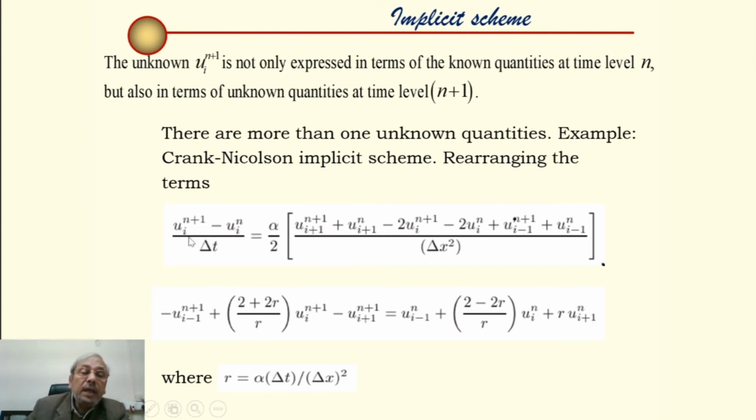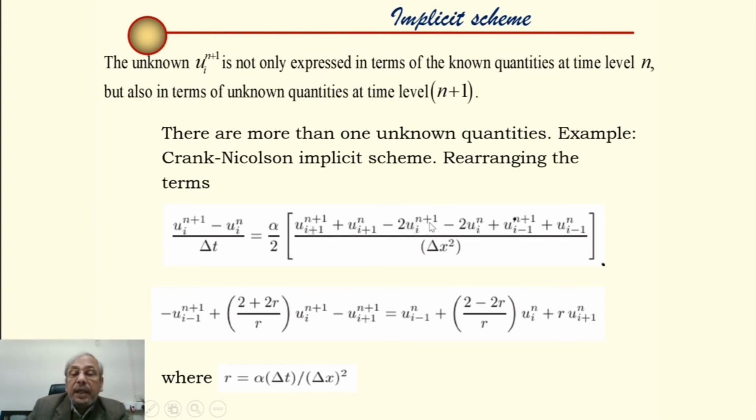So we can write (u_i^(n+1) minus u_i^n) divided by delta t, with alpha by 2 coming because at every ith location we have written the sum of n plus 1th level and nth level. So u_(i+1) we have written at n plus 1th level and nth level, as if these two are added, divided by 2, the mean value.